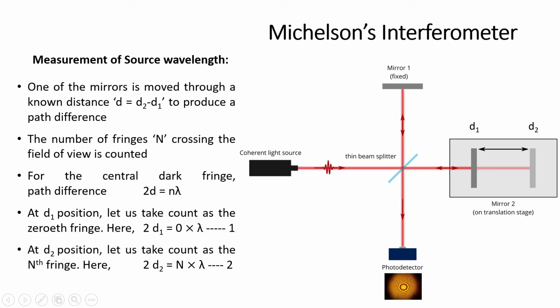This is the first equation. Now after shifting the mirror to the position d2, let us count the fringes and we would have obtained n number of fringes. So this condition becomes 2d2 is equal to n lambda. Let this be your second equation.